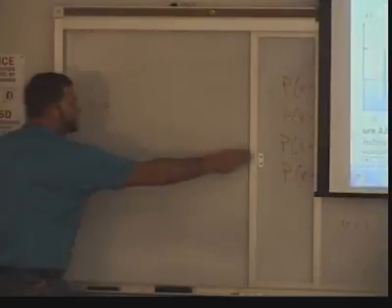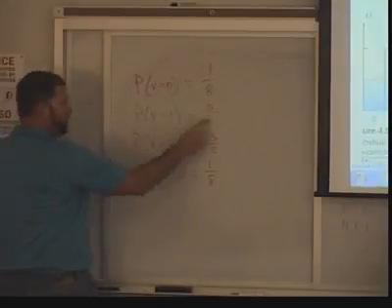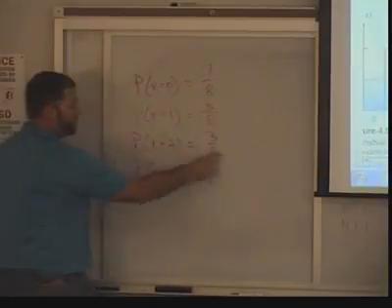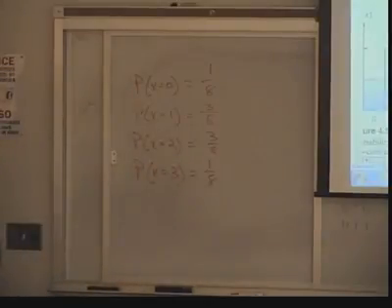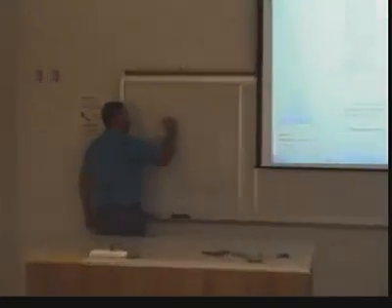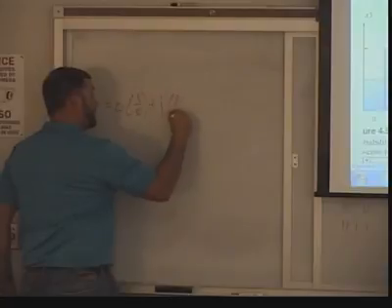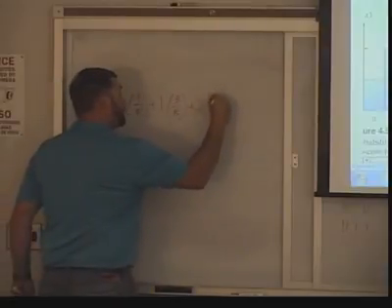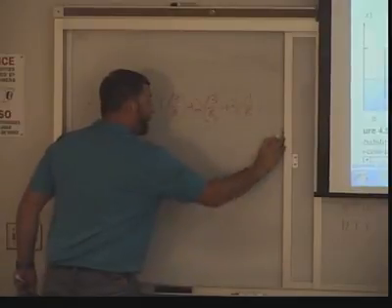So x for the first one was 0, so 0 times 1/8, plus 1 times 3/8, plus 2 times 3/8, plus 3 times 1/8.